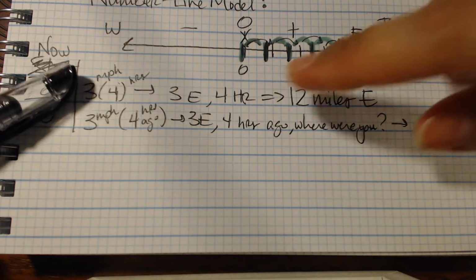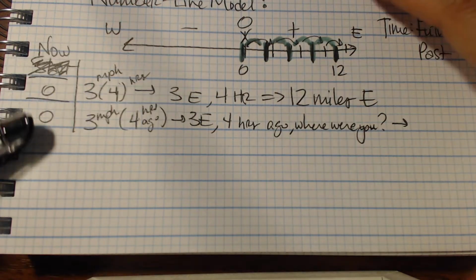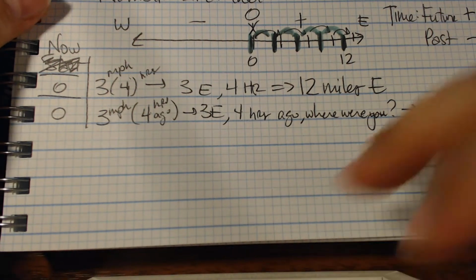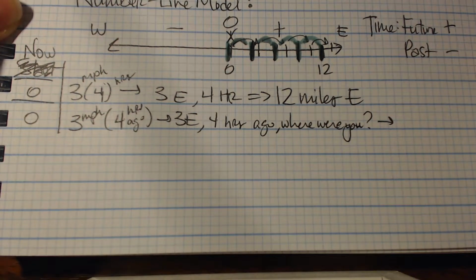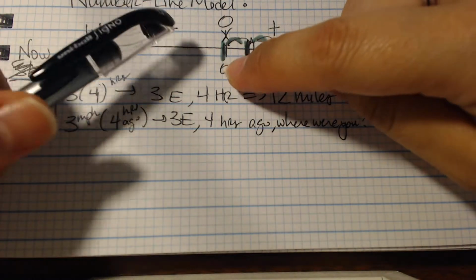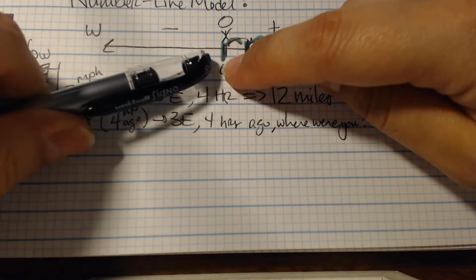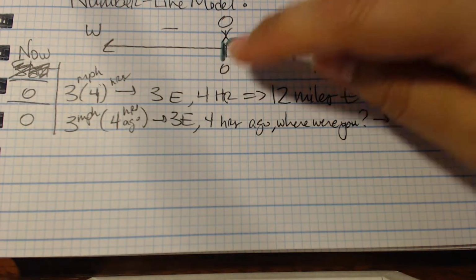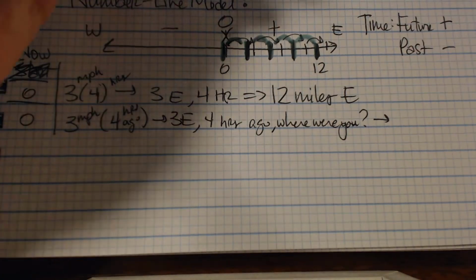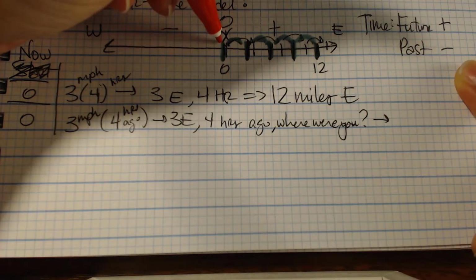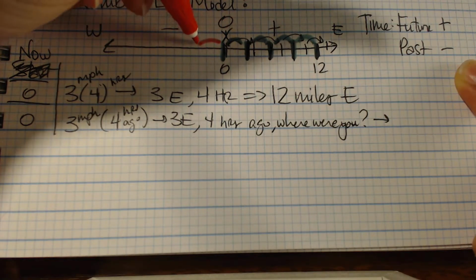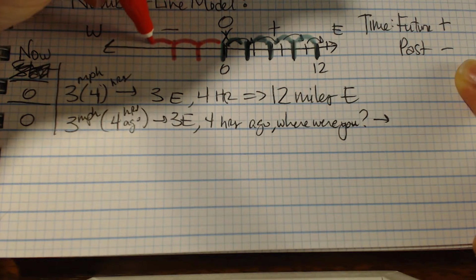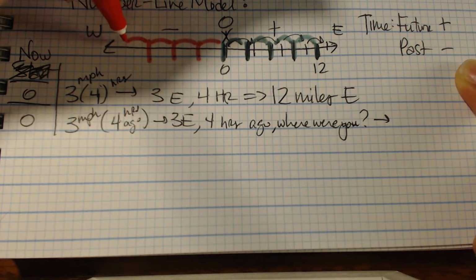Here, you're at 0, but 4 hours ago, you were someplace else. So we're like, well, where were you 4 hours ago? If you're at 0 and you've been walking this way, then that means that you came from this way. So you went 3 miles per hour. So there's 1 hour, 2 hours, 3 hours, 4 hours.